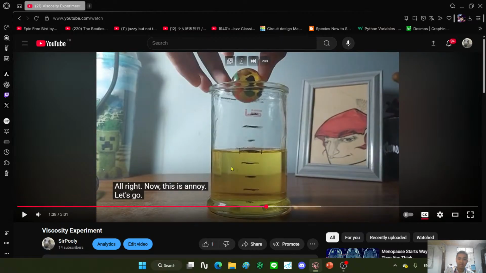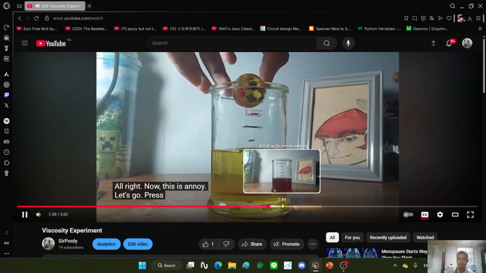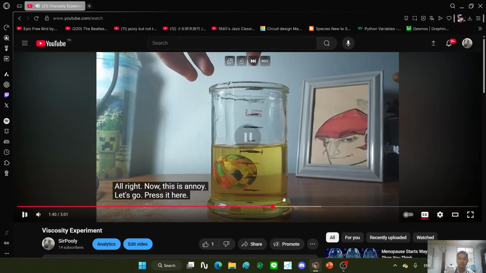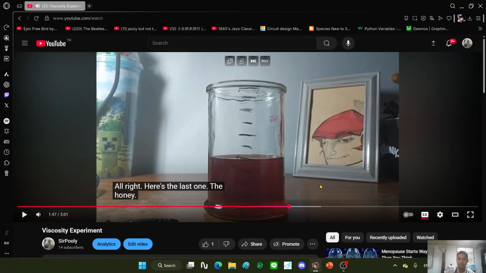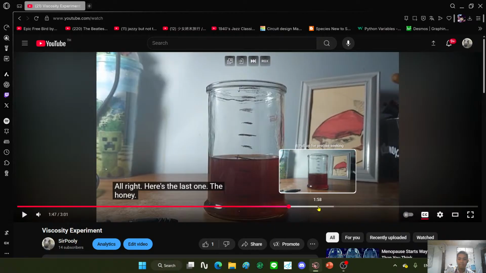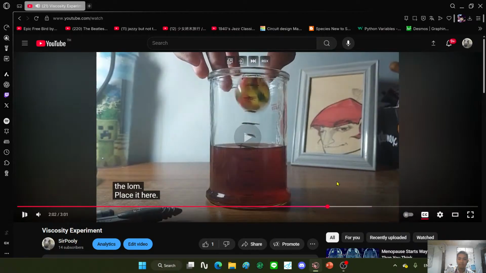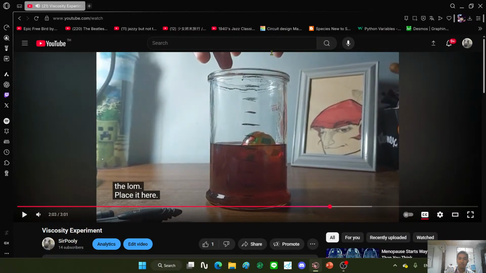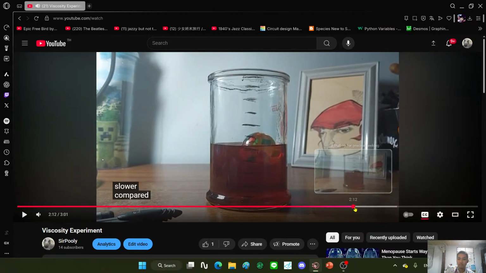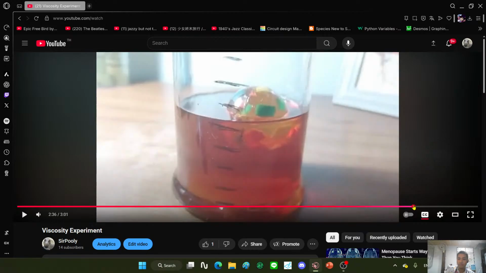Here's the oil. Starting from here at the top, 5 centimeters. Drop. Done. The last one, honey. I drop it. It's floating for a while.